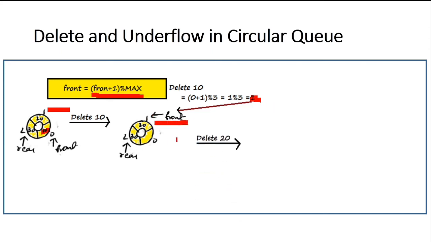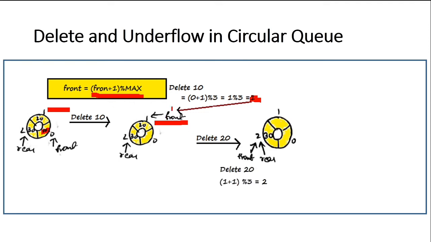Once again, if you want to delete 20, you have to use the same thing. So what will happen after deleting 20? Front is equal to 2 now, right? So 1 plus 1, 2 mod max 3. So 2 mod 3 is nothing but 2, right? So that is front.